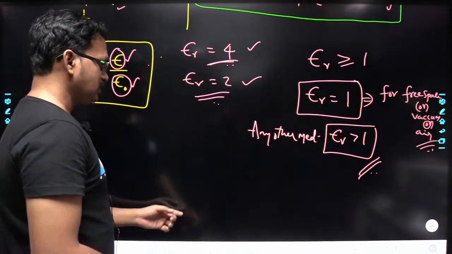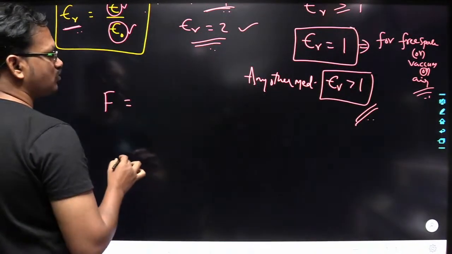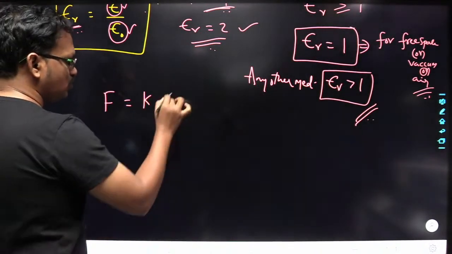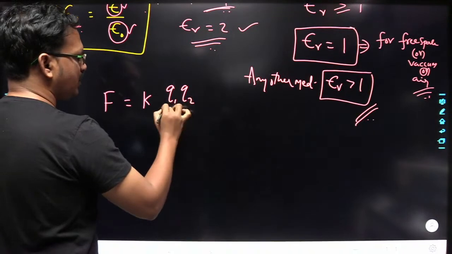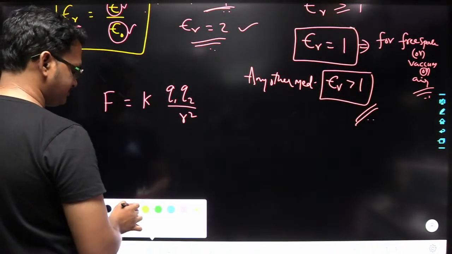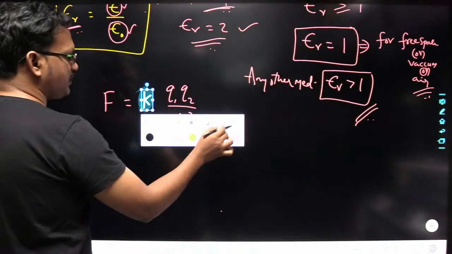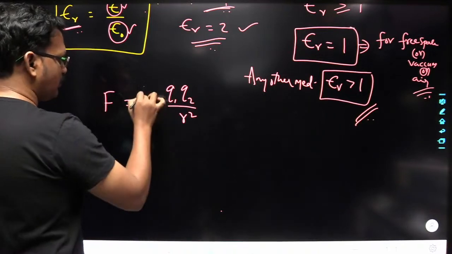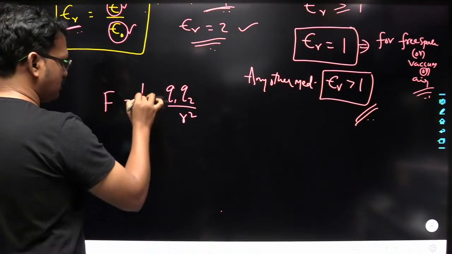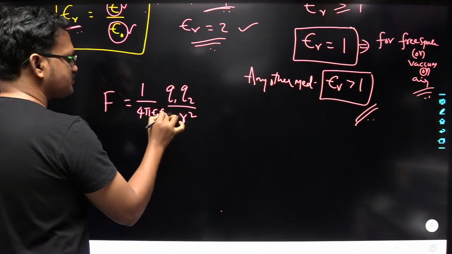We know that the force between any 2 point charges, F, is equal to K Q1 Q2 by r square. In place of K, I can write 1 by 4 pi epsilon, where epsilon is epsilon naught into epsilon r.